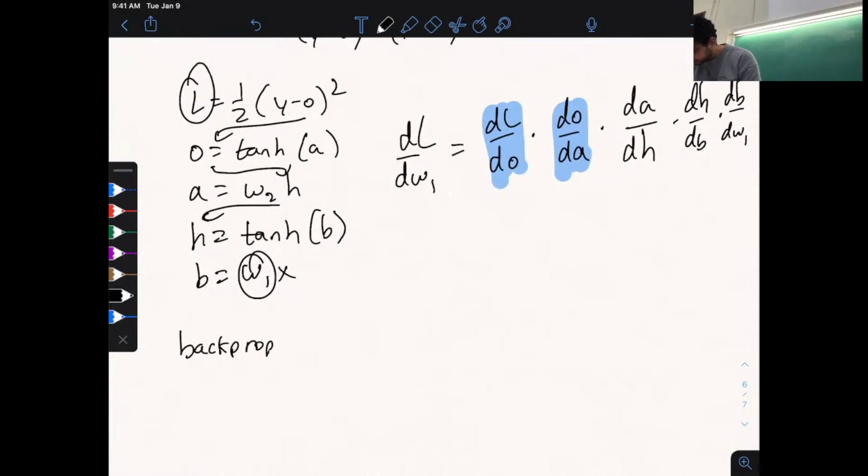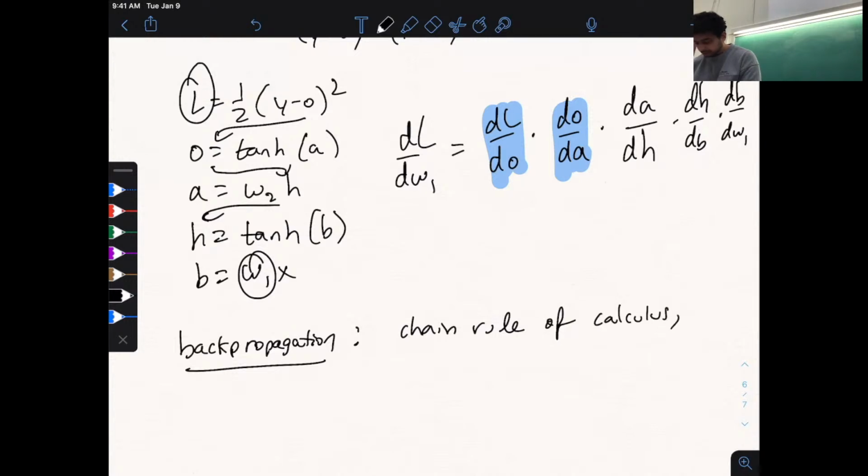Backpropagation uses the chain rule of calculus and caching previously computed derivatives.